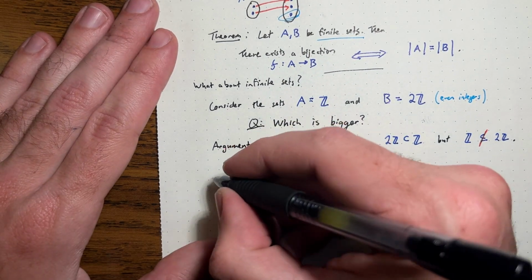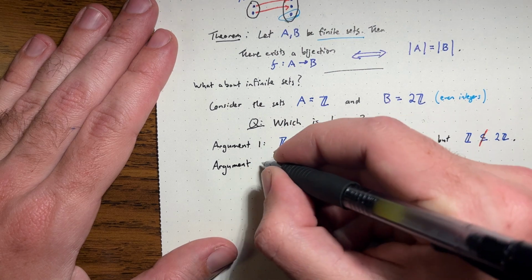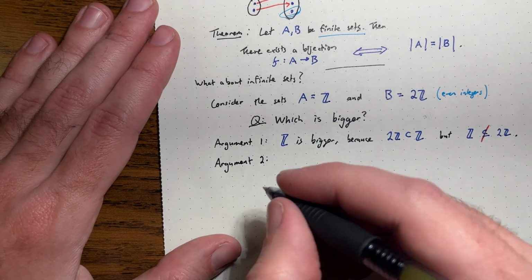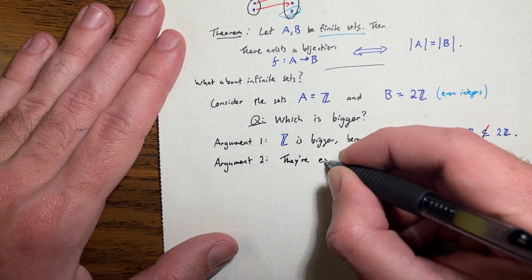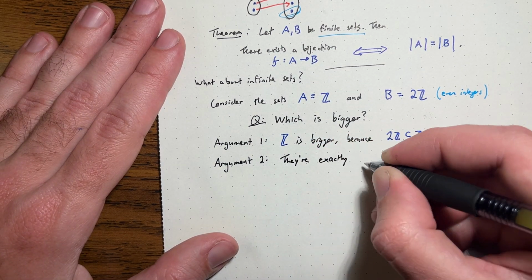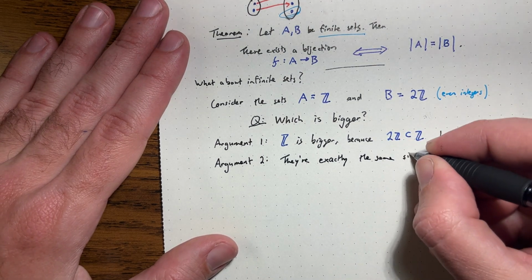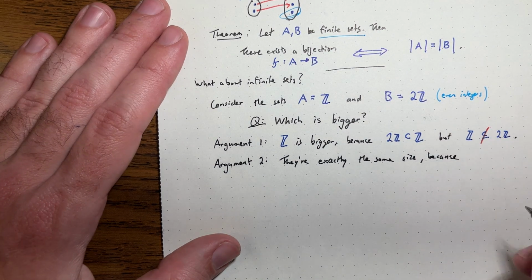If you think about this a little longer, though, you might come up with a different kind of argument. You could also argue that they're exactly the same size. And here's why. I'm not saying this is a more valid argument than the first one.